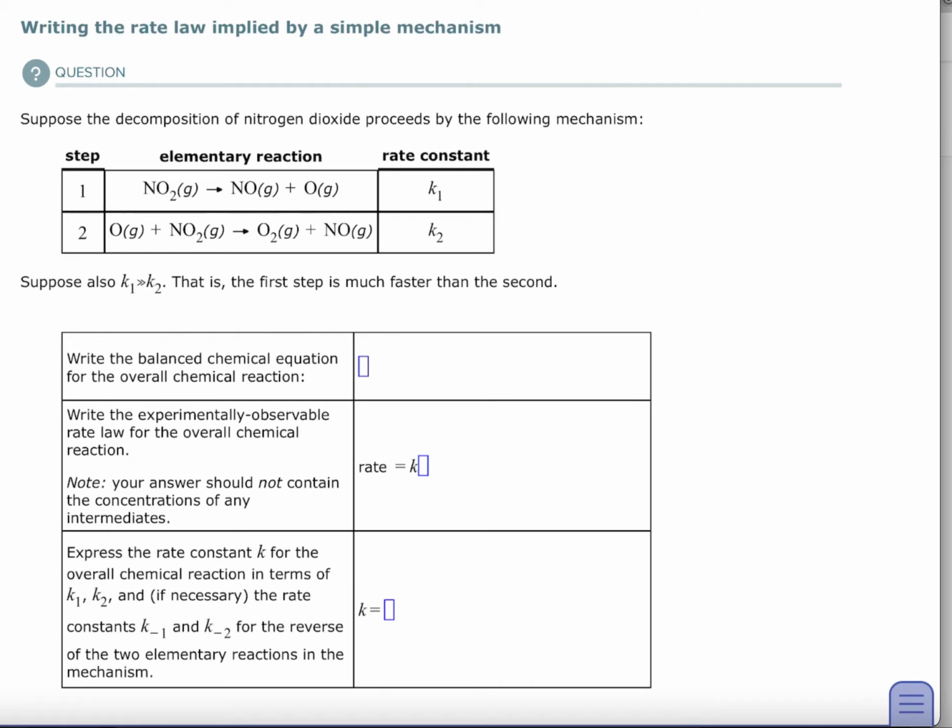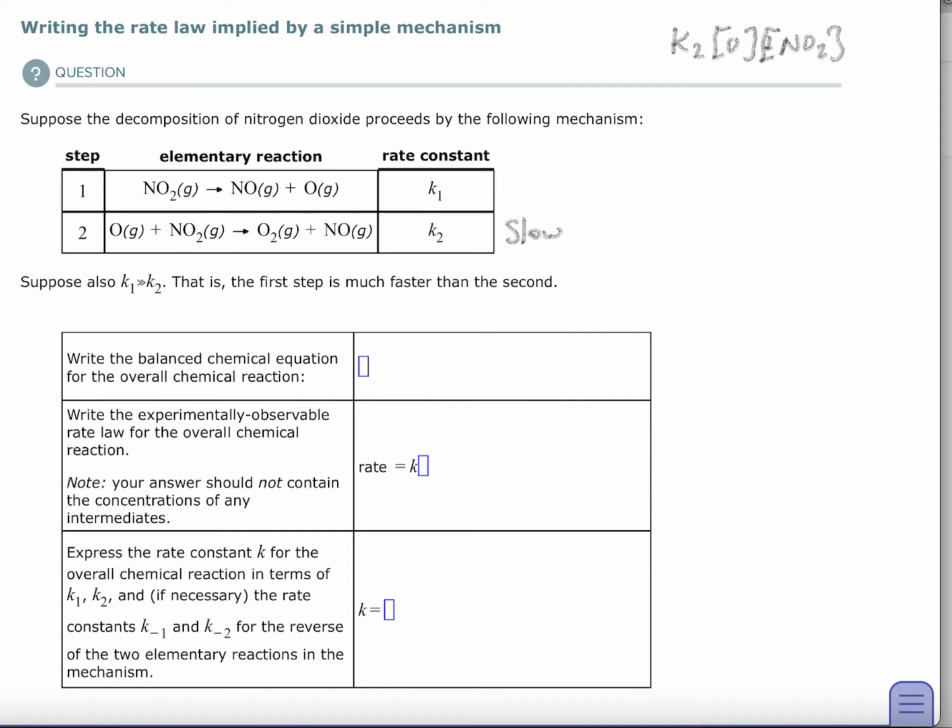So if this one is slow, then I'm going to write my rate as k2 times the concentration of oxygen, that's just O, times the concentration of NO2. Well, I can't use that because O is an intermediate.